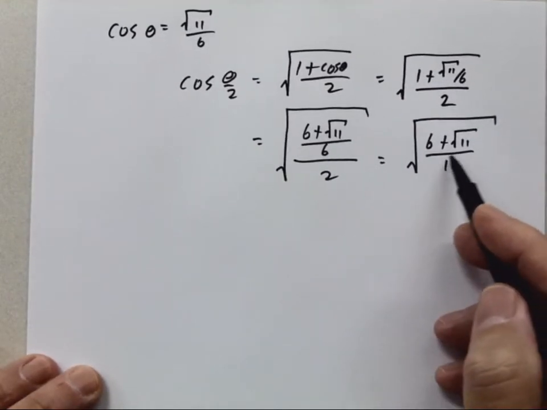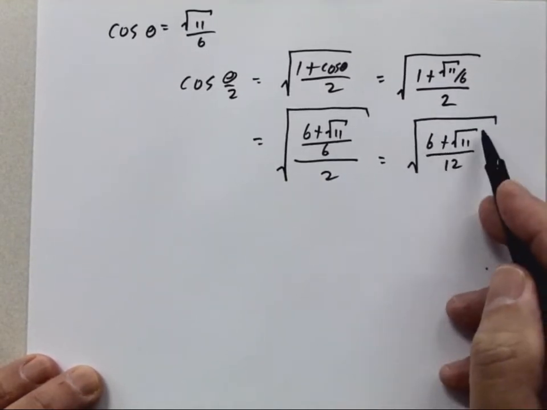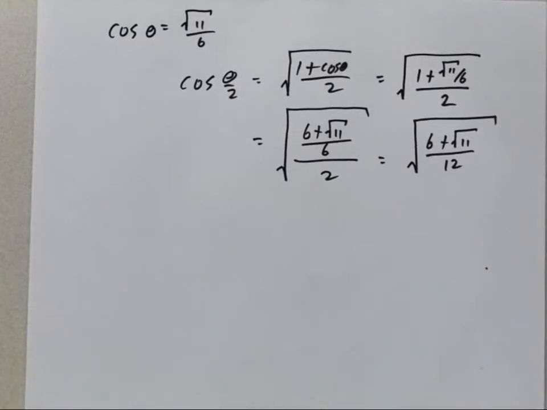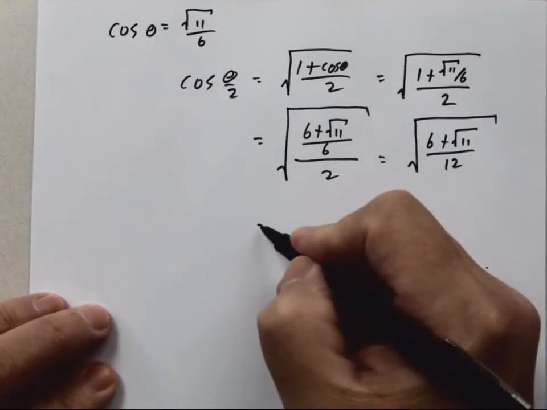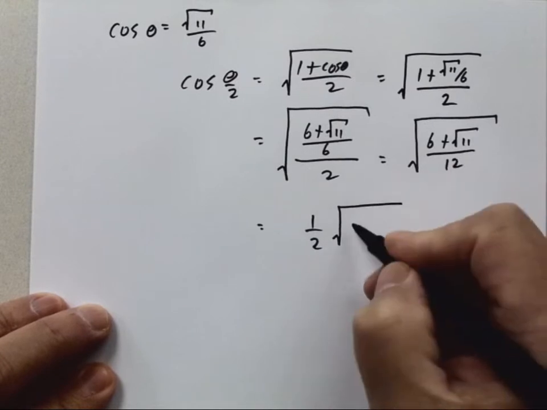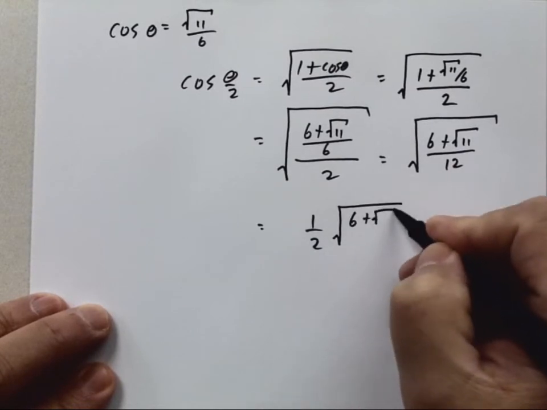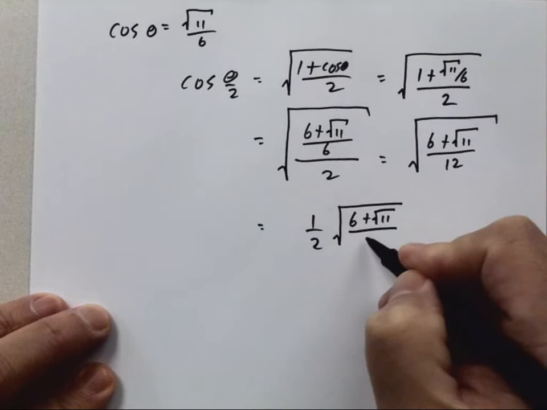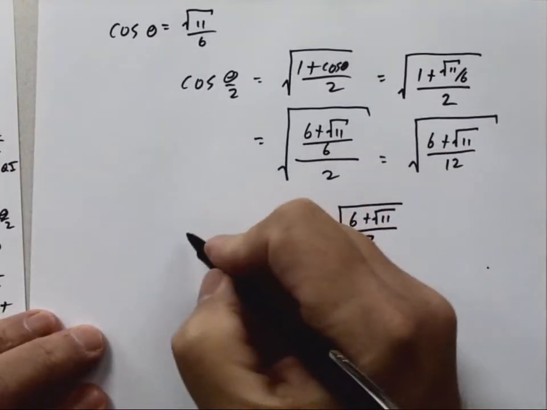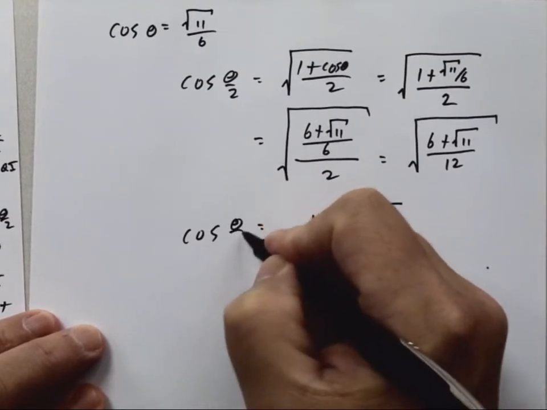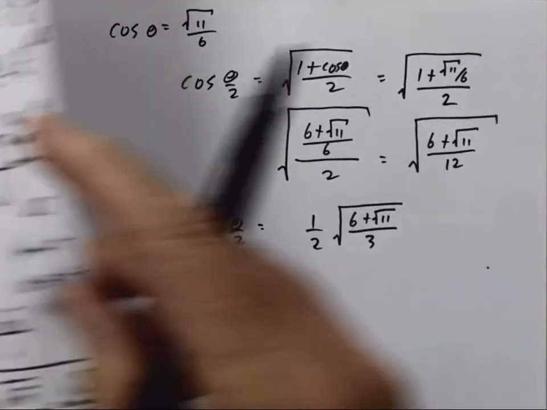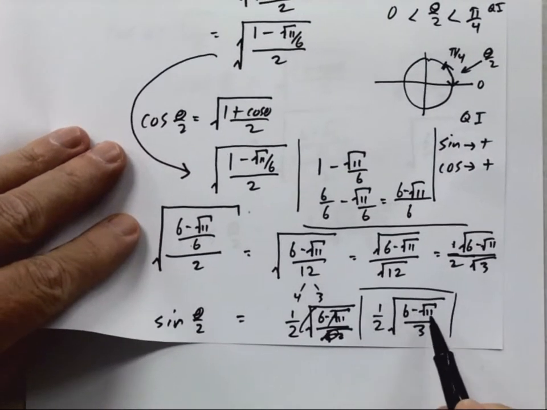And this is just like the one we did earlier, where there's nothing I can do with this numerator, but the square root of 12 simplifies into 2 square root of 3. So when it's all said and done, it looks very similar to the sine, except you notice the cosine, it's 6 plus square root of 11, and the sine, 6 minus square root of 11.